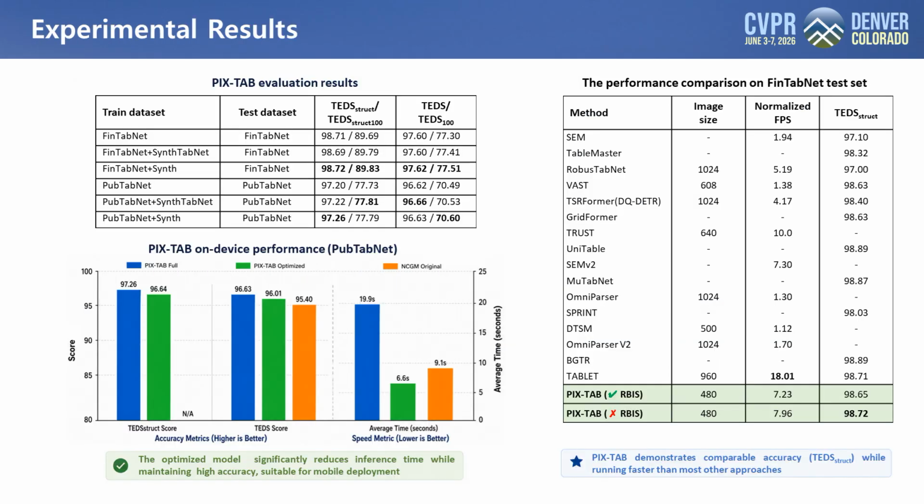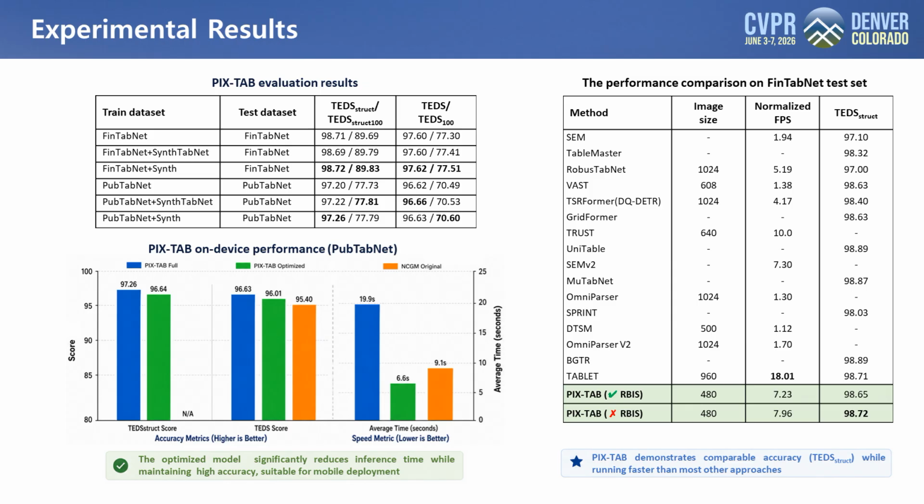To assess the impact of training data diversity, we compared three training configurations using the original dataset alone, augmenting it with the existing SynthTabNet data, and augmenting it with our own proposed synthetic data generator. Across all settings, our approach delivered consistent improvements.